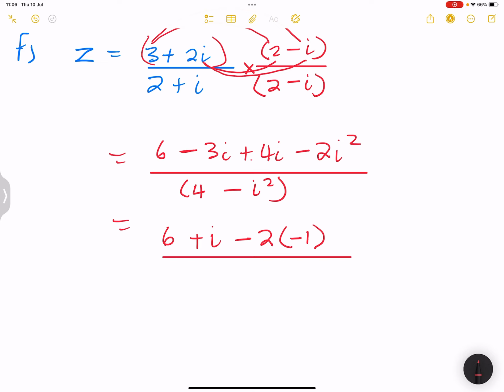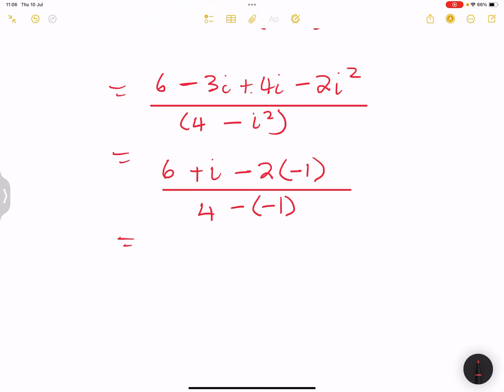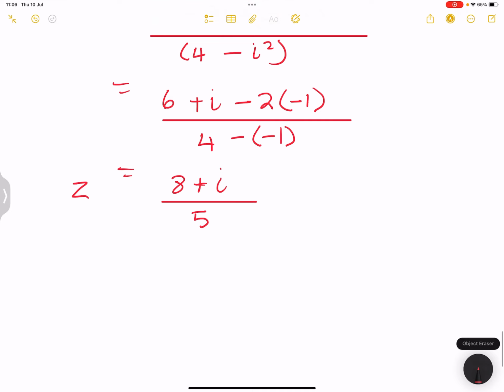And that's divided by 4 minus i squared, as I said, is minus 1, and so that becomes 6 plus 2, which gives us 8 plus i, okay, divided by, if you notice there, I've got 4 minus a minus 1, so that's 4 plus 1, that gives us 5. Okay, so we've got a fraction for the first time. So z is equal to 8 over 5 plus 1 over 5i.